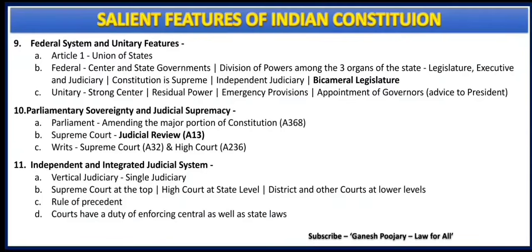Now one very important aspect that you need to remember is that whenever the Supreme Court gives a particular judgment, that particular judgment needs to be respected by all the states. That is a very important aspect you need to remember. That is called the rule of precedent. But in a later judgment, the Supreme Court can overrule its own judgment. That is possible, but High Courts cannot overrule the Supreme Court judgment. That is the rule of precedent.